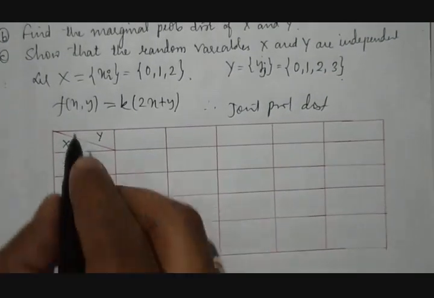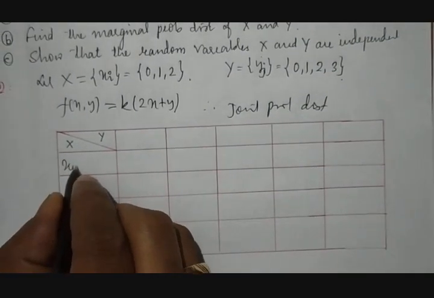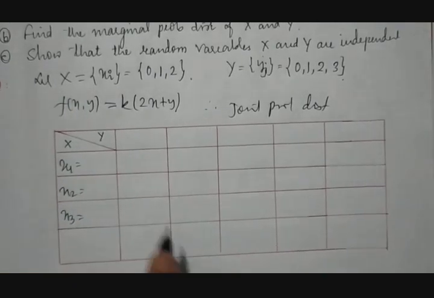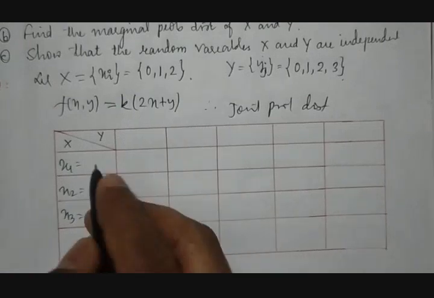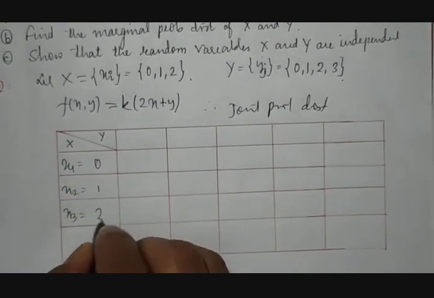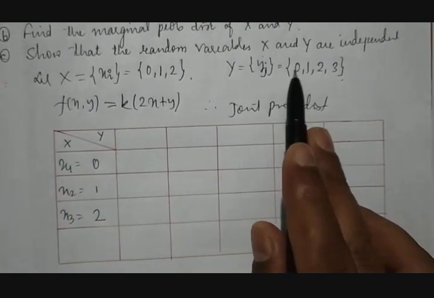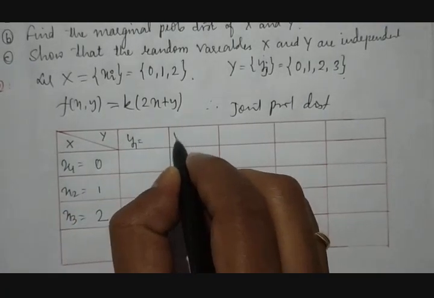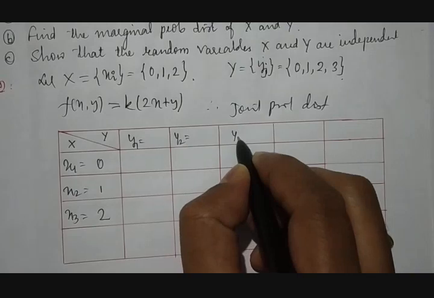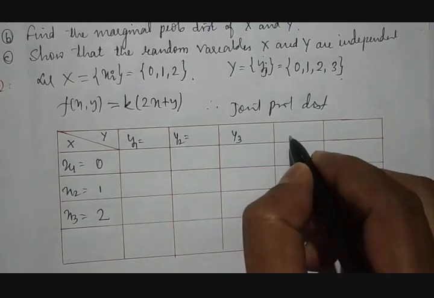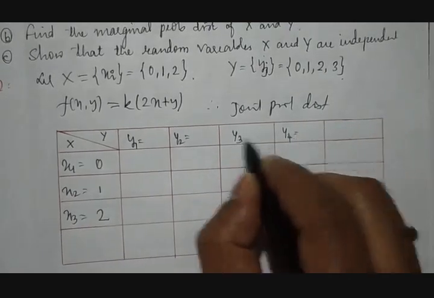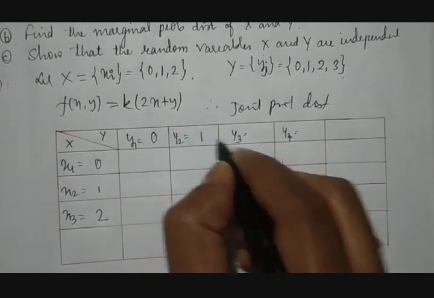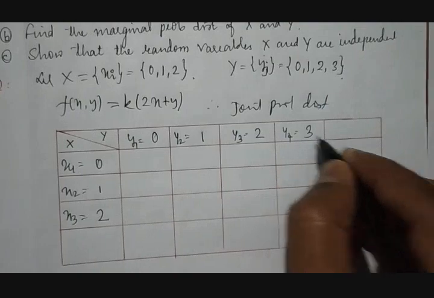This is x, so I take it as x1, x2, x3, and the values are 0, 1, 2. Similarly, this is the value of y, so that is y1, y2, y3, y4, with values 0, 1, 2, 3.